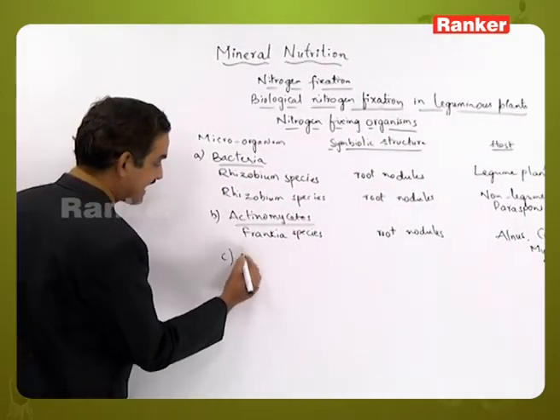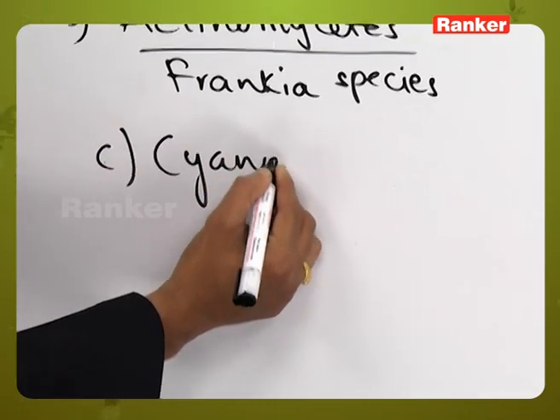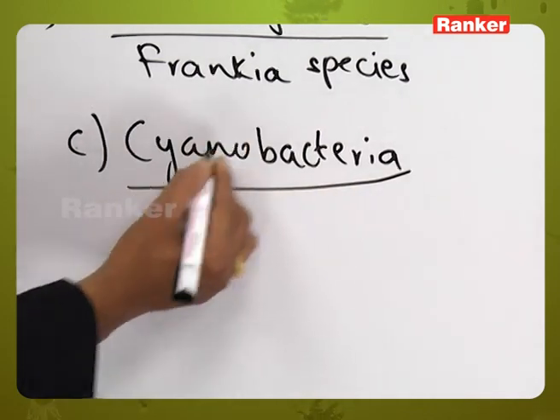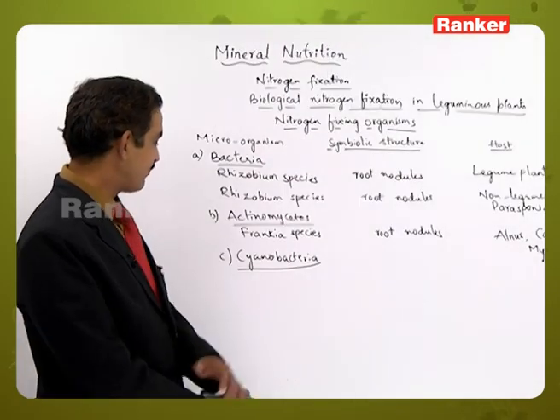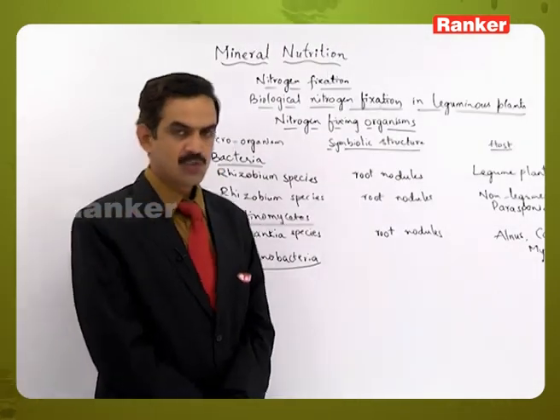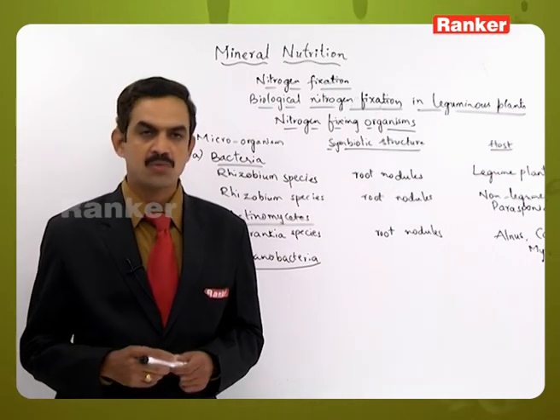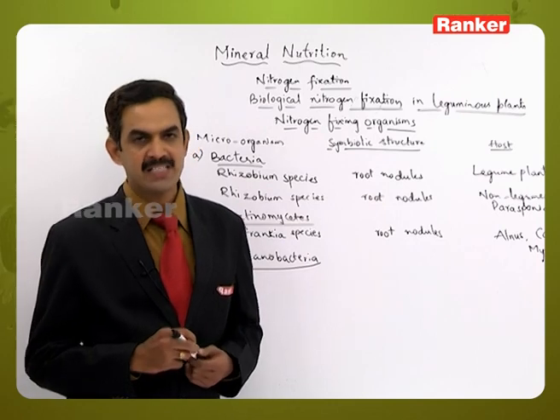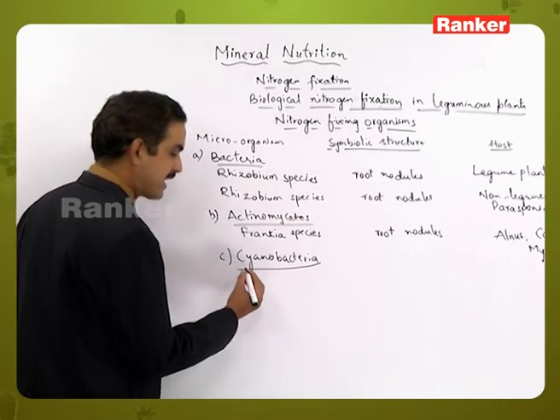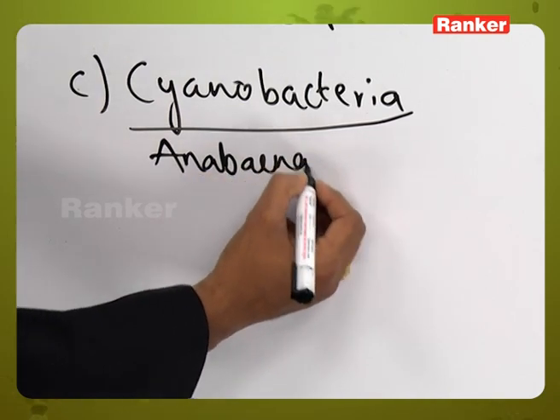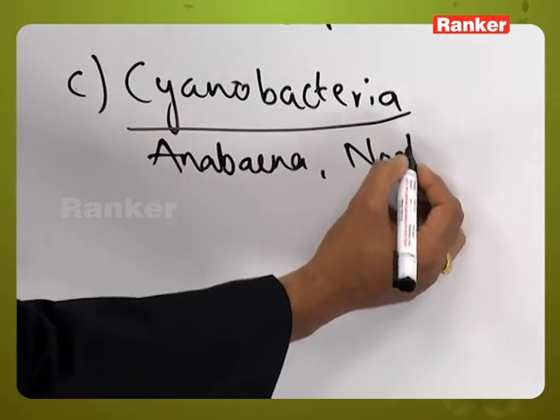Then some of the cyanobacteria, let us see. Here also the same thing, that some cyanobacteria species will form association with different types of plants and help in nitrogen fixation. Let us take examples of Anabaena and Nostoc.